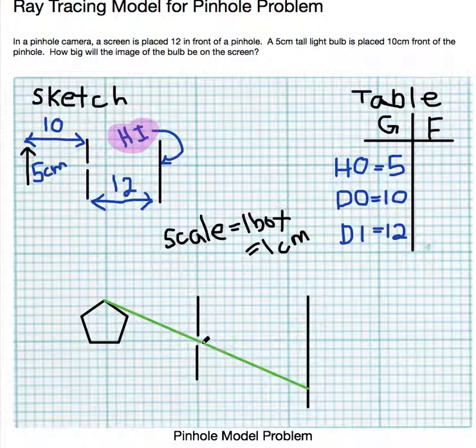And I definitely need this to cross here. All right, so from the top through the pinhole. Now we go from the bottom through the pinhole. Well, that's kind of easy because it's straight on the line. Okay, now let's count.